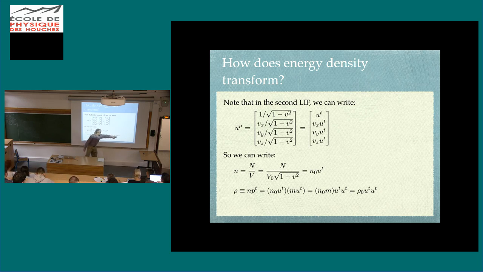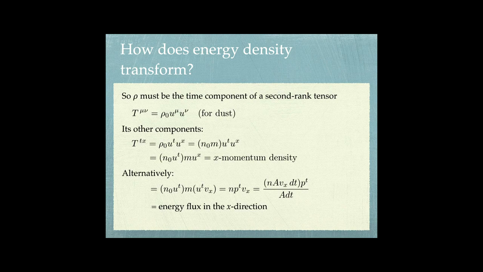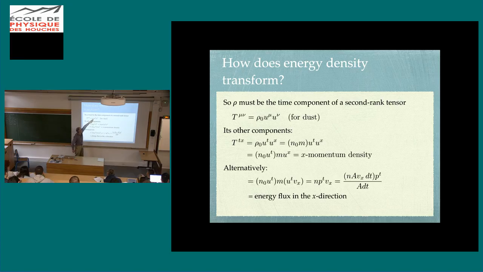And then to get another frame, you just take two time components of 4-velocity. So if you're going to write that as a general tensor quantity, what kind of a quantity would it be? Yeah, it's a second rank tensor, and so the general expression would be, here's the second rank tensor, this is the full tensor quantity.